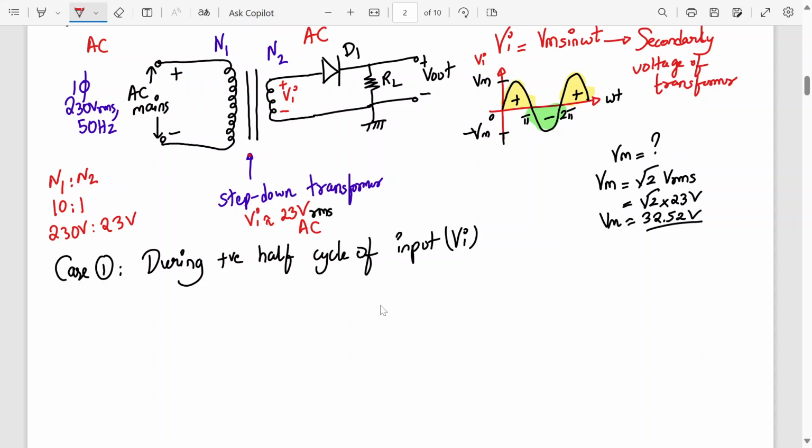So is the diode on? Yes, now the diode is forward bias. So during the positive half cycle of the input, diode D1 is forward bias, that is on. Yes or no? At least, you agree on this? So we'll redraw the circuit, but now we'll replace the diode with a short circuit. You understand why?